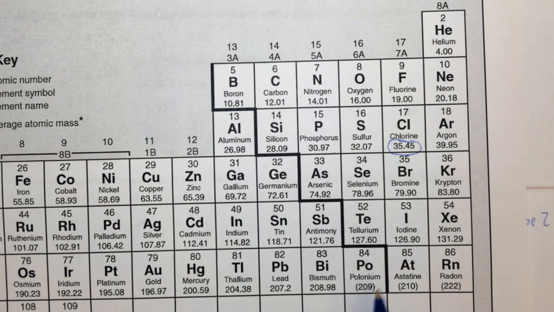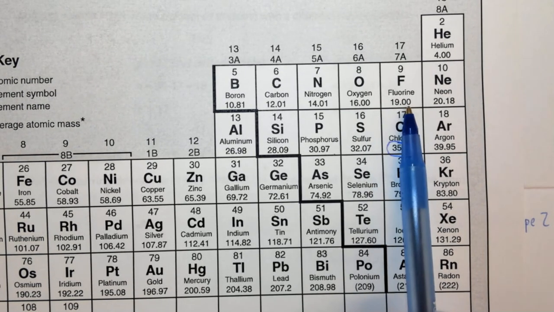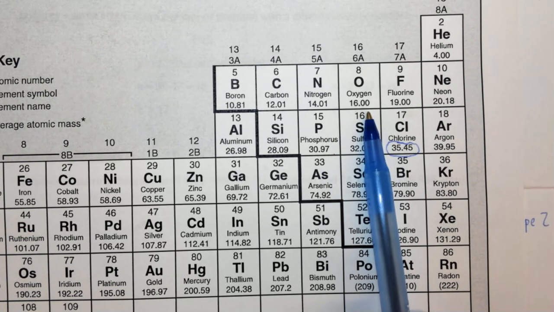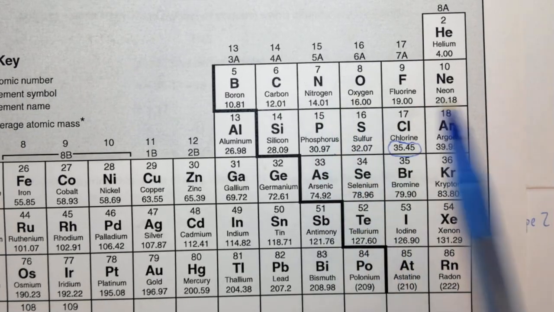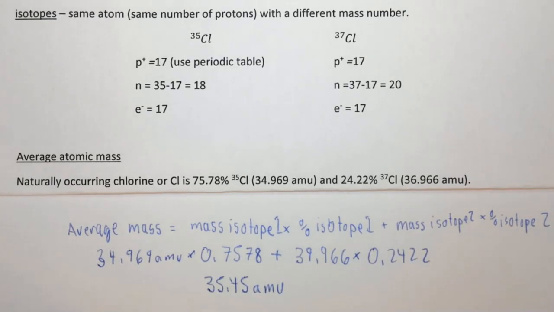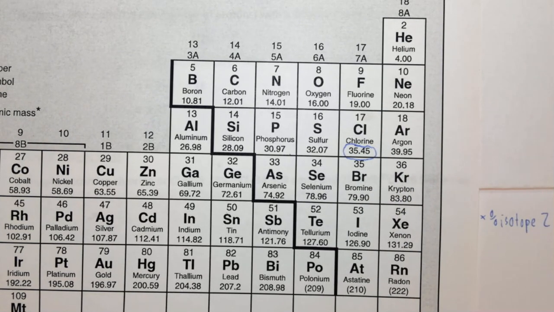If we look back on the periodic table, we find that the average atomic mass is 35.45. For fluorine, it's 19.00. For oxygen, 16.00. For nitrogen, 14.01. This math is where these numbers come from. So in this section of the course, you may be asked to solve problems like this.